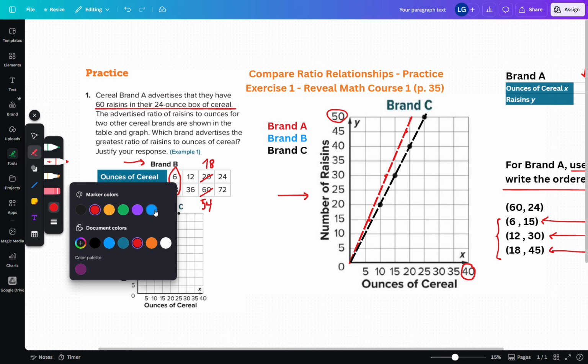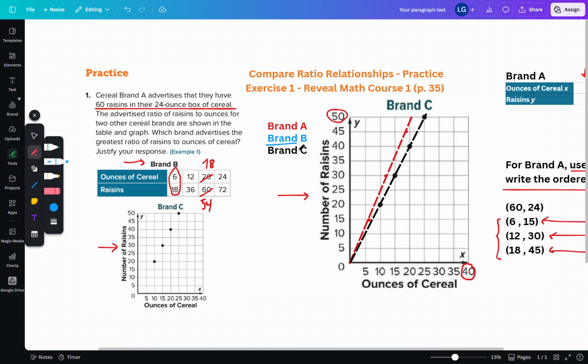Okay, now the brand B, I'm going to represent it with the blue color. So I'm going to graph the points, and for the brand B, it's going to be easier because I have this information already on the table. So 6, 18 is going to represent the order pair. This is going to 12, 36. All these order pairs, and 18, 54.